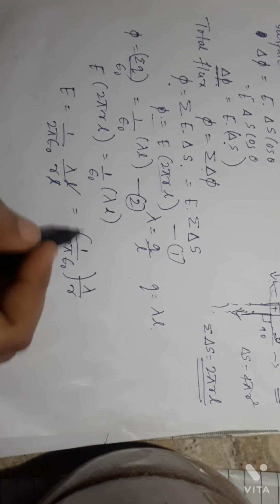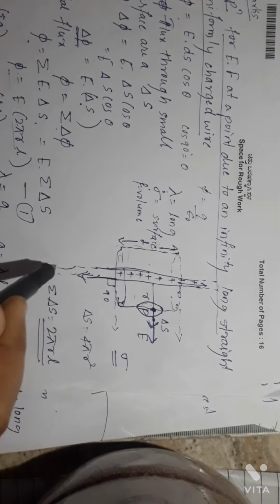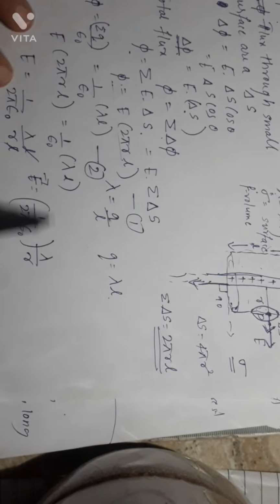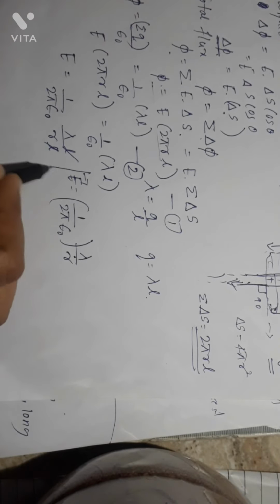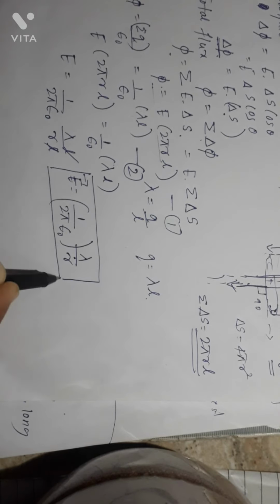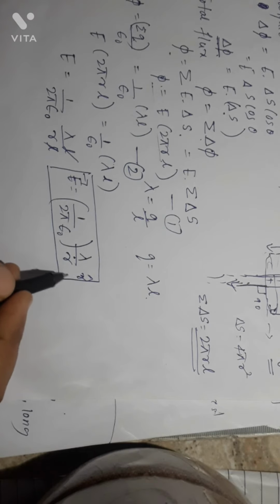This is the equation of the electric field due to a long straight uniformly charged wire. Long means the linear charge density must come in, so E is equal to 1 by 2 pi epsilon naught r lambda. If you write it with r cap, it is in the form of a radially outward unit vector with respect to the cylinder.